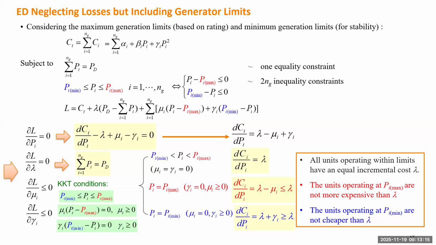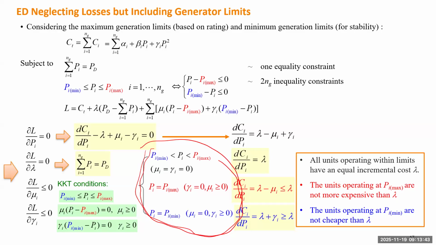By engineering method, if you don't fully understand the KKT condition, there's no worry. You only need to solve the economic dispatch problem by focusing on finding the solution for each of those 3 scenarios. The first one is the generator is within the limit.